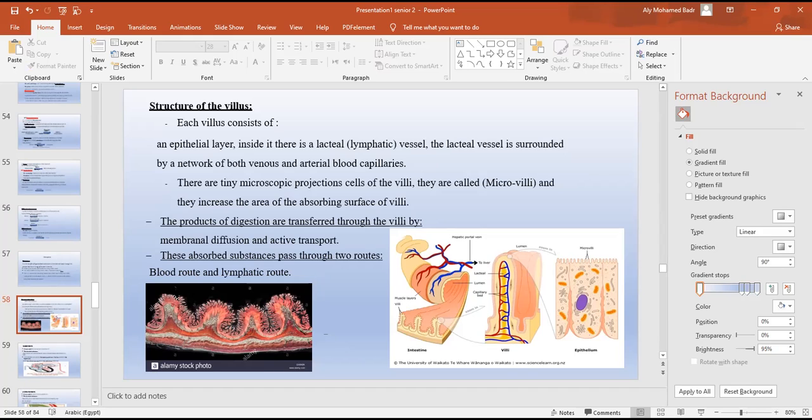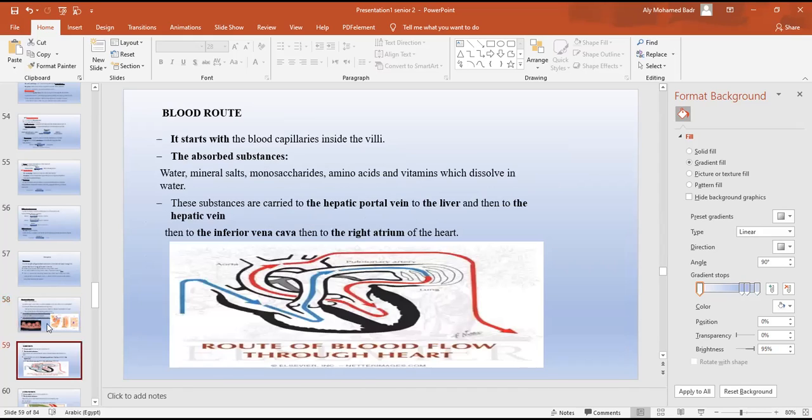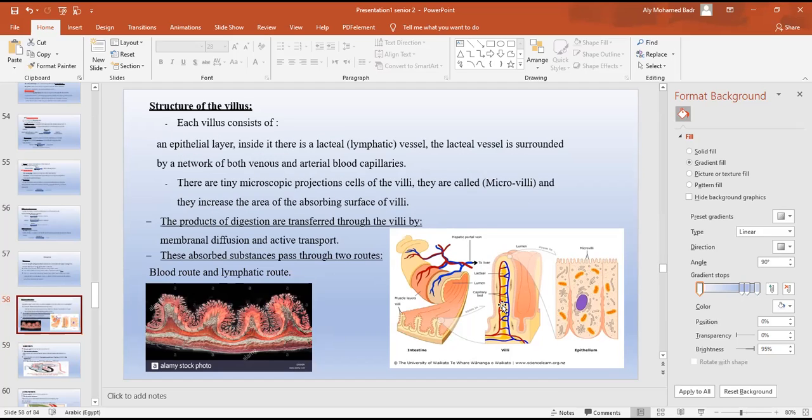This is the villi. This villi will absorb the food and pass it to this network to go to the whole body through the blood route and lymph route.